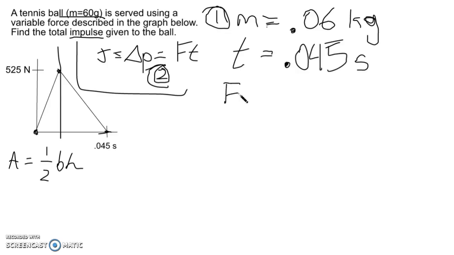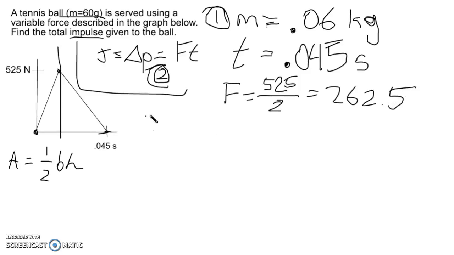So force equals, and our standard unit for force is newtons, 262.5. Now, what are we going to do? Well, we have all the information, and we have our process for putting the information to work.